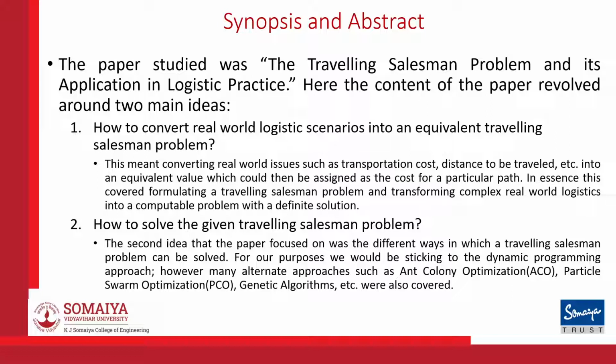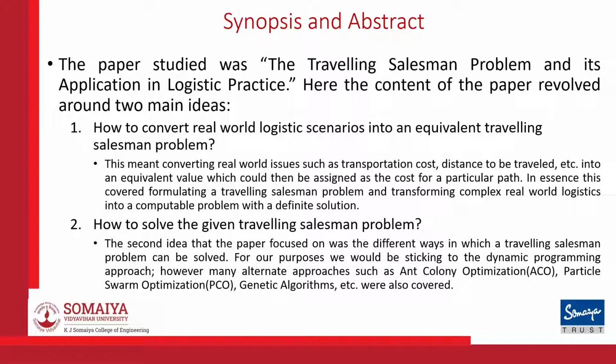In essence, this means converting and formulating a traveling salesperson problem and transforming the complex real-world logistics into a computable problem with a definite solution, and optimizing the solution. How to solve the given traveling salesperson problem?